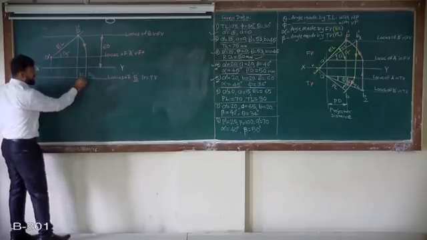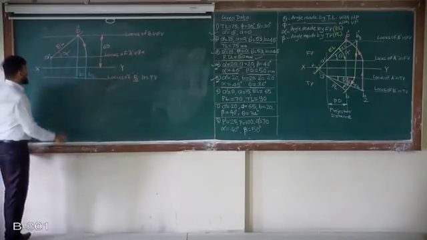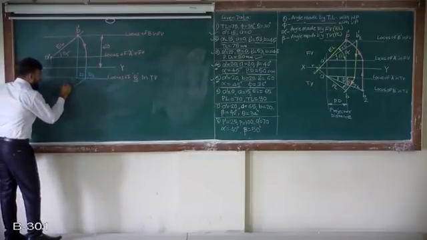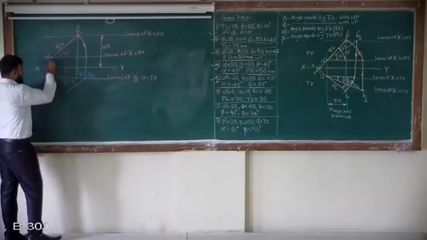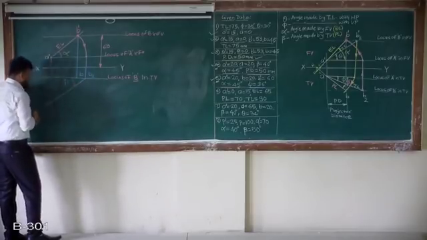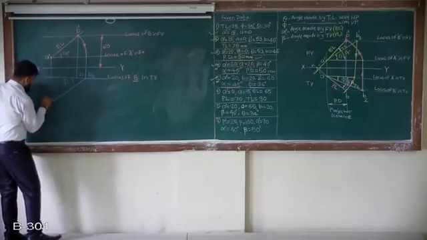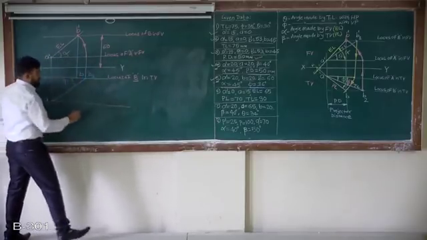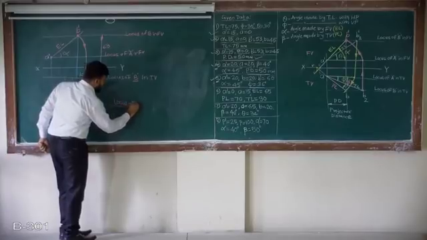Now you can mark the true angle as phi, because you know the true point B2. Now draw the projector of A. Wherever it cuts this phi line, this is point A, and draw the locus. So you get the locus of point A in top view.